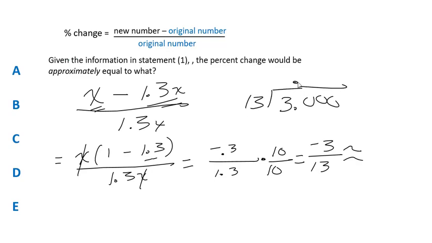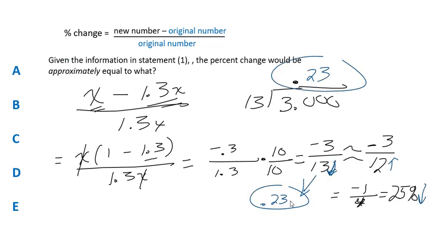Actually, it doesn't take much time, but an important lesson here. Suppose we rounded down the 13. So this is approximately negative 3 over 12, which simplifies to negative 1/4, which is 25%. So the answer to the question would probably be, one of your answer choices would probably be 25%. So I hope that helped.